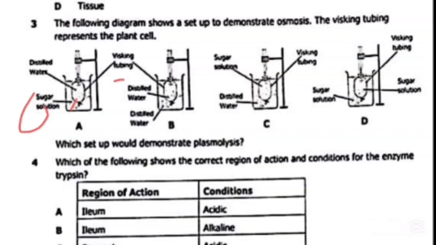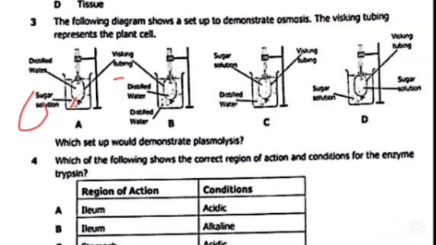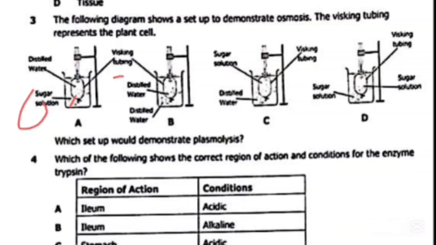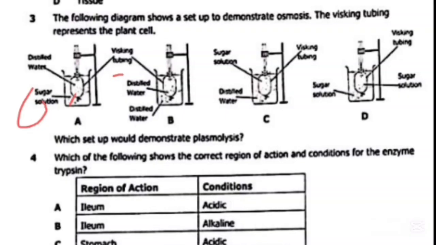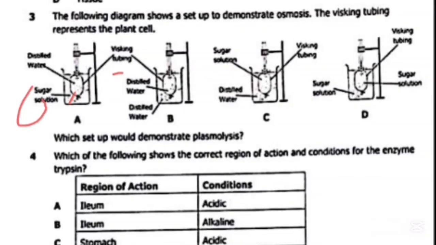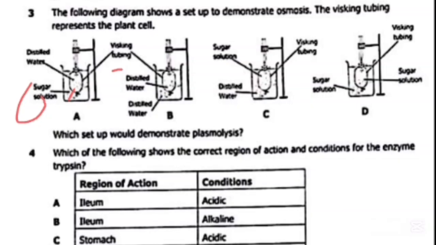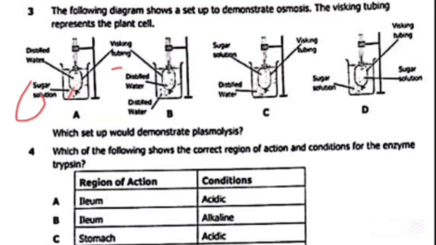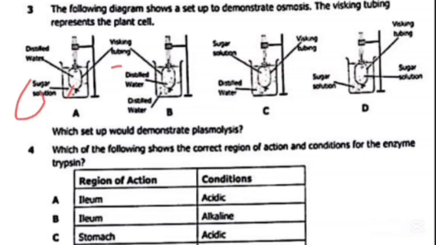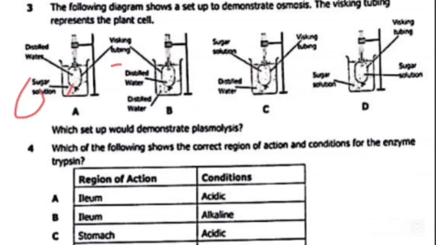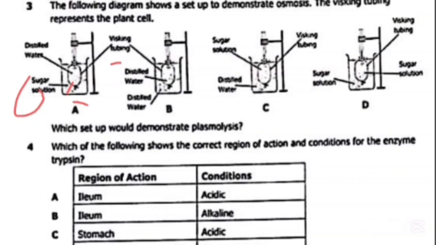Therefore, it is known as a hypertonic solution. So in A, water will move from the Visking tubing into the solution, which therefore will demonstrate what is known as plasmolysis. When water is moving away, the cell will start to shrink. So our correct answer is A.